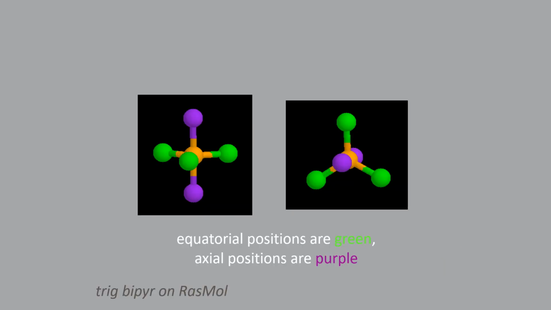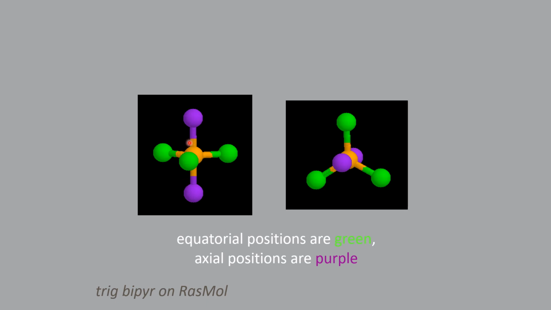All right, here's, I think, the best way to convince yourself that the positions aren't all equivalent. The green ones are the equatorial positions and the purple ones are the axial positions. Let's look down one of the equatorial bonds.